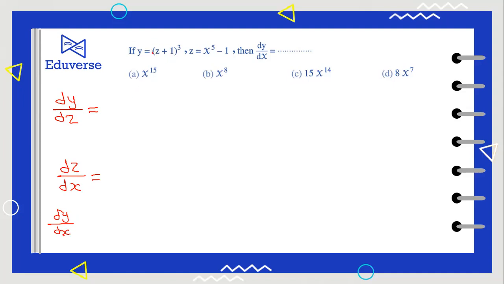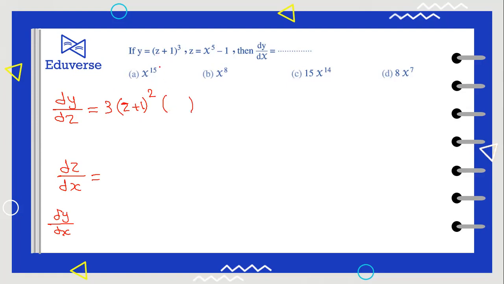Here, the derivative of a bracket that has a power, I will make in 2 steps. Step number 1, put 3 out of the bracket and keep the bracket as it is. Subtract 1 from the power 3, it will be power 2. That's the first step. Second step, multiply by the derivative of the inner bracket.